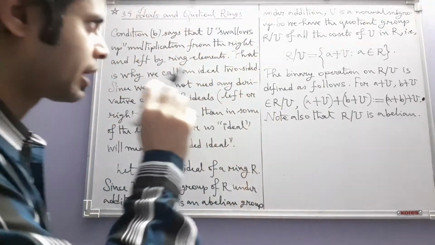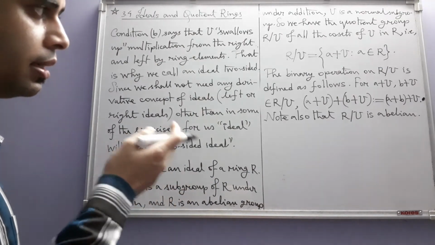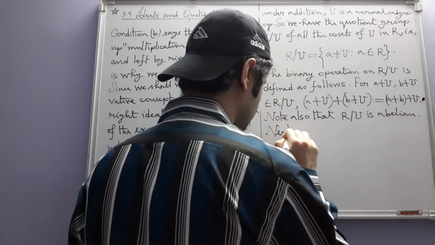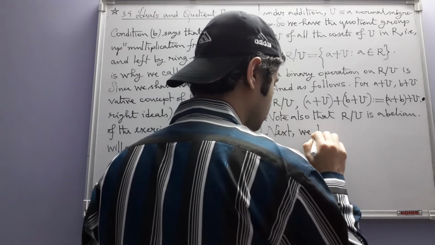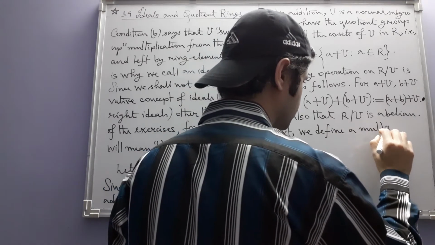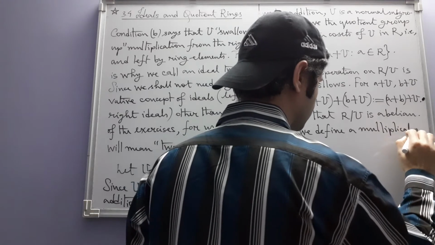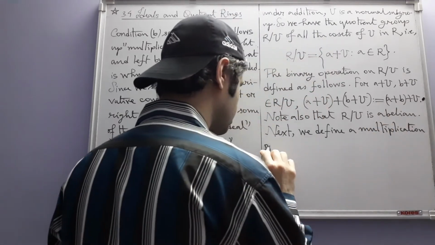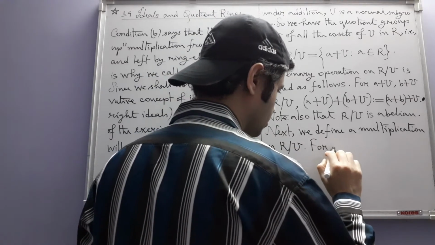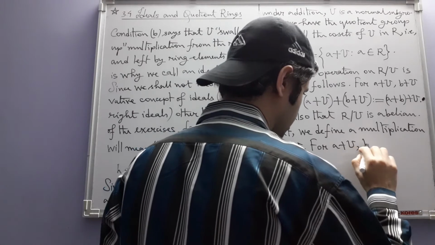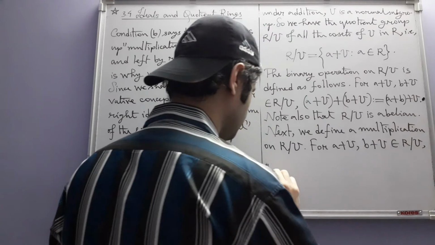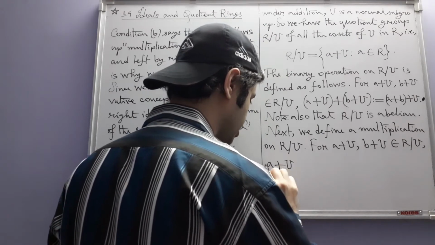Now we want to turn this thing into a ring, so we now need a multiplication. So next, we define a multiplication on R by U for A plus U and B plus U in R by U. We are going to define their product.